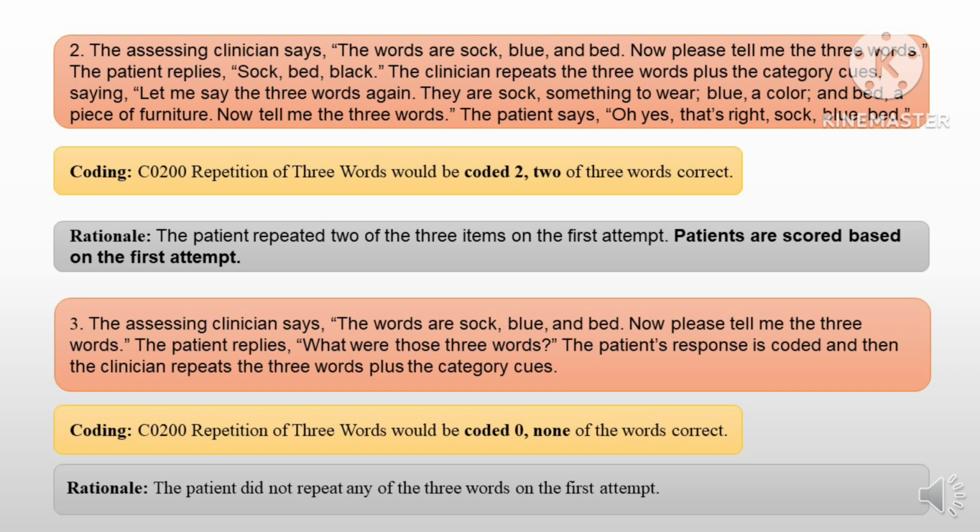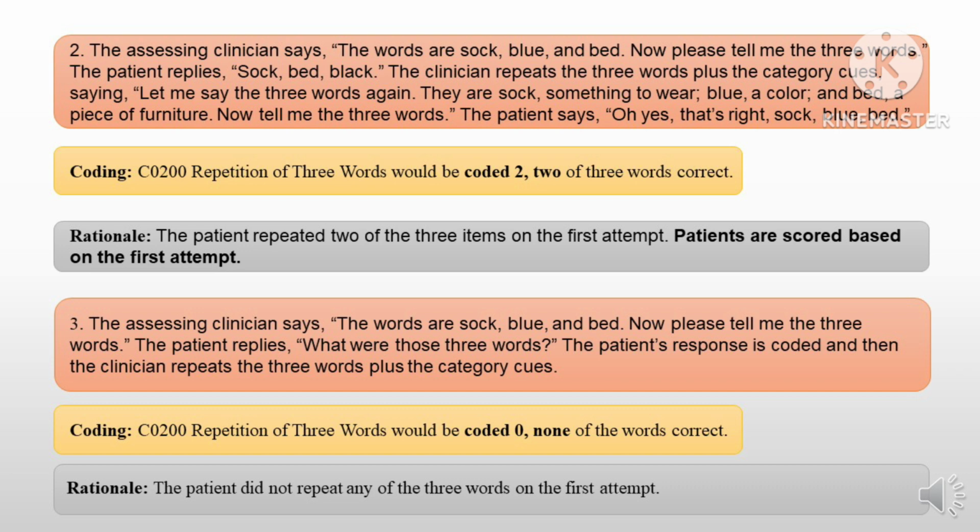Now tell me the 3 words." The patient says, "Oh yes, that's right, sock, blue, bed." Coding: C0200 Repetition of 3 words would be coded 2 of 3 words correct. Rationale: the patient repeated 2 of the 3 items on the first attempt. Patients are scored based on the first attempt.